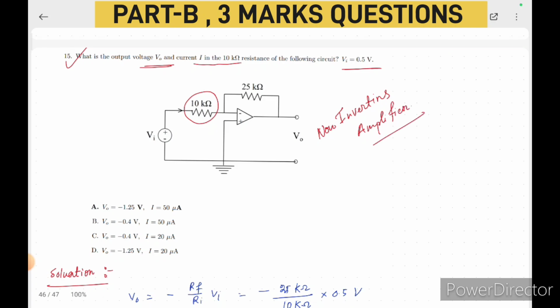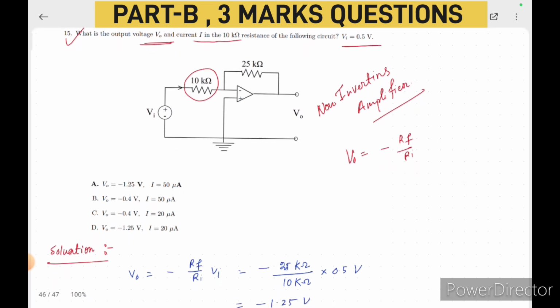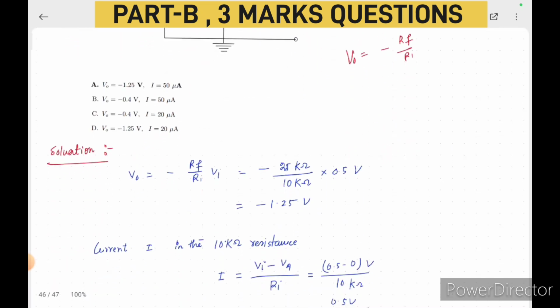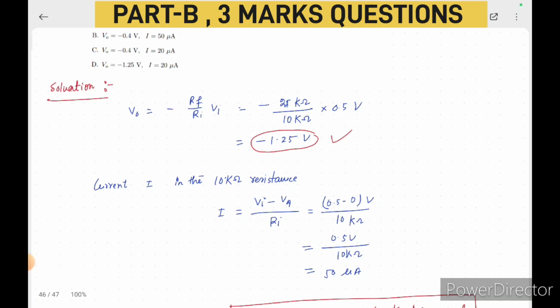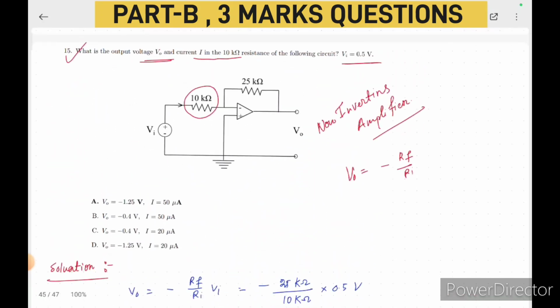Non-inverting amplifier. So for the amplifier we get the output voltage equal to minus RF upon RI times the input. Okay, so we use this formula and we get minus 1.25 volt output voltage, and they ask the current through the 10 ohm resistance. We use the virtual ground concept. From the virtual ground concept, at that point the voltage is actually 0. So in this loop we apply KVL.